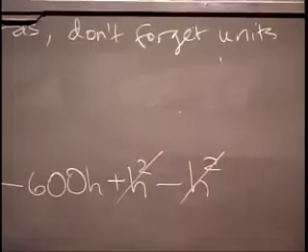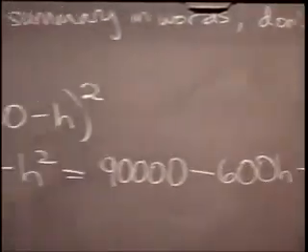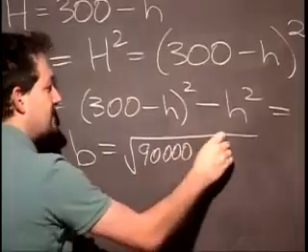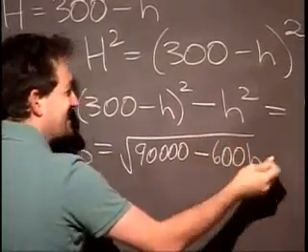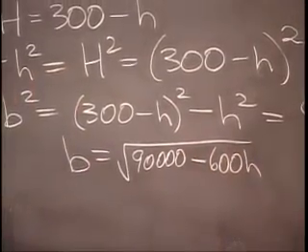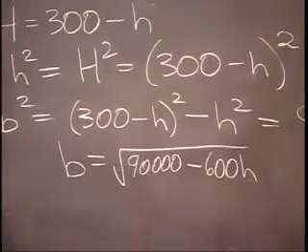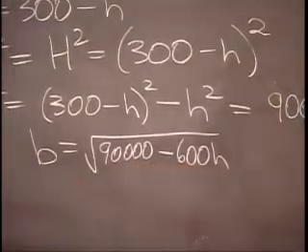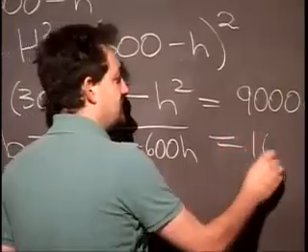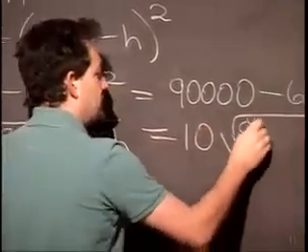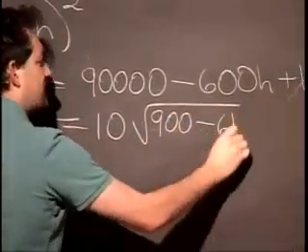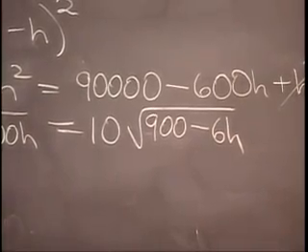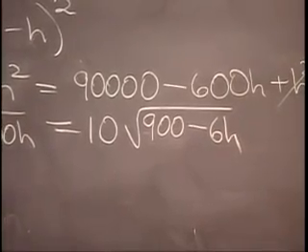That's kind of nice. So finally, b is equal to the square root of 90,000 minus 600h. And I'm going to pull out a factor of 100. 100 goes into this, 100 goes into this, and the square root of 100 is 10. So this is 10 root 900 minus 6h. That's cut it down to size a little bit. No problem. So I've solved for b.